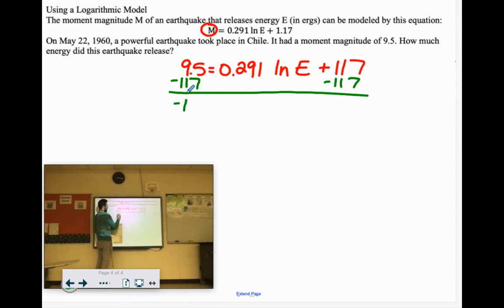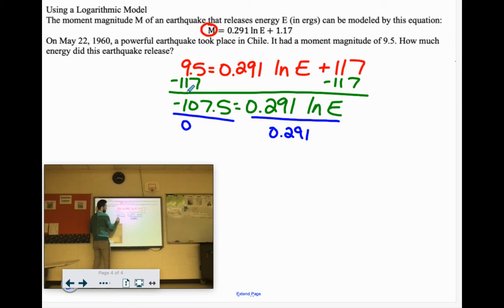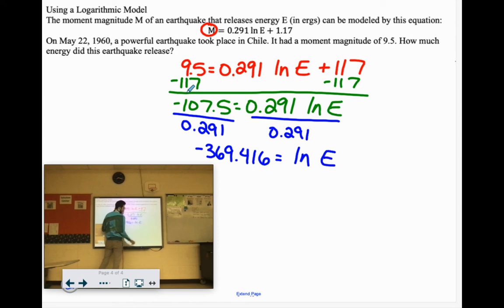Negative 107.5 equals 0.291 ln E. It's being multiplied, so we'll divide by 0.291. Negative 369.416, let's call it. That is ln of E.